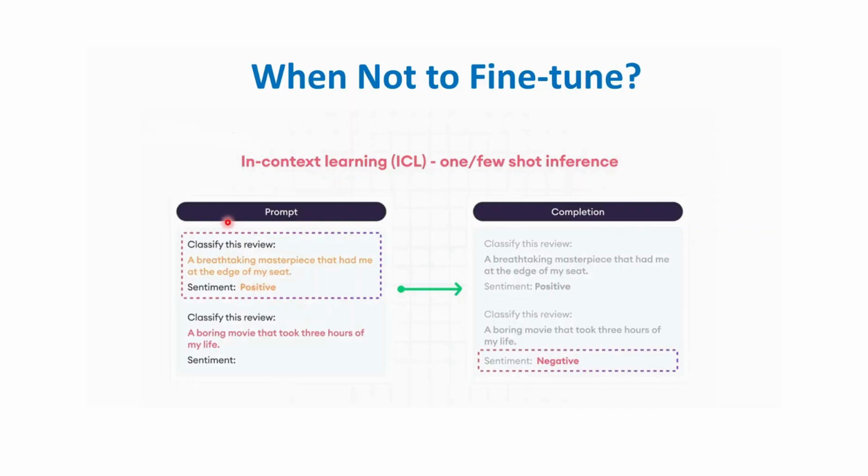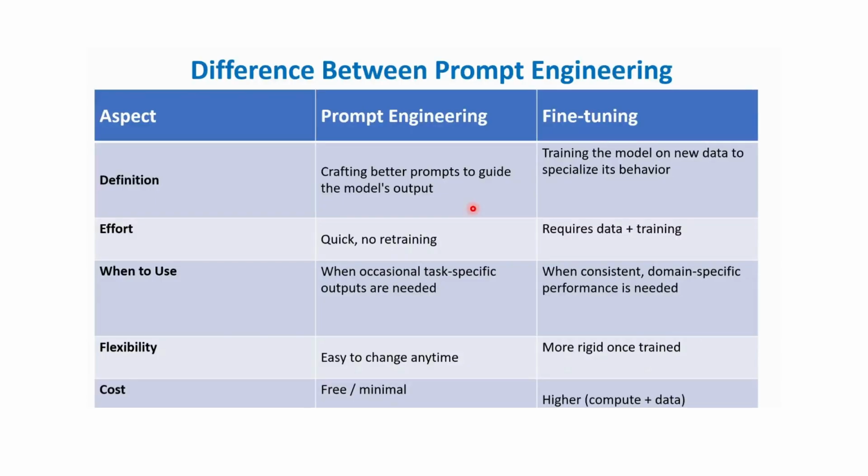This is one shot actually, but if it is not able to answer, you can have a few more shots so that it is able to pick up the task. Then if we give the review in the same format, it should be able to label it as positive or negative depending upon the review given. So this is prompt engineering, or a few shot inferences.